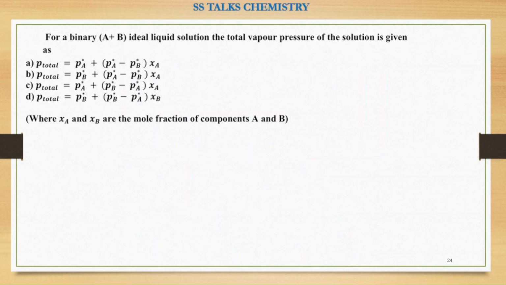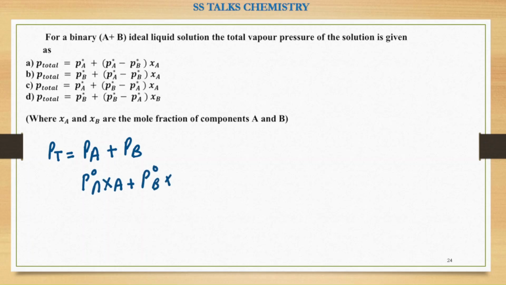It says for a binary A plus B ideal solution, the total vapor pressure of the solution is given as. So we know that P total is the partial pressure of A plus the partial pressure of B, which we can write as P naught of A into XA plus P naught of B into XB. Right?